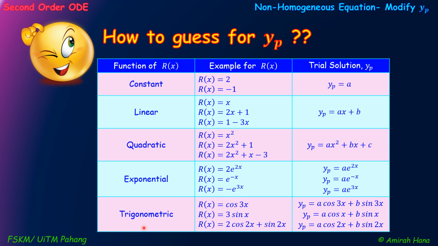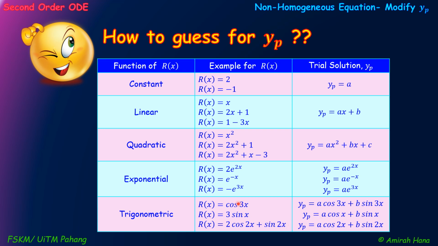How about trigonometric function? If Rx equals a trigonometric function, let's say we have Rx equals cos only, or maybe sine only, or maybe a combination between cos and sine.